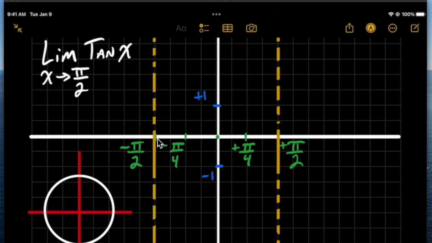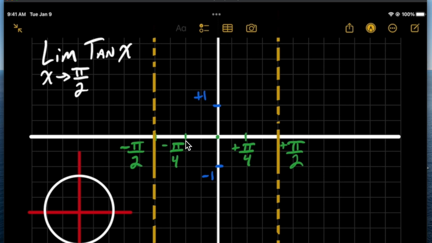So if we take 1/4 of pi, we're going to move pi over 4 in this direction. Negative pi over 4, negative 2 pi over 4. Negative 2 pi over 4 is negative pi over 2.